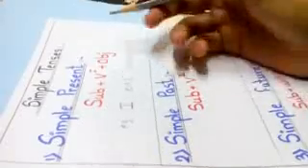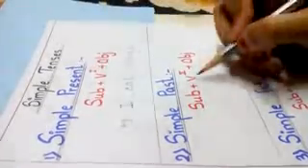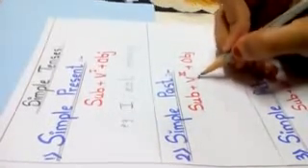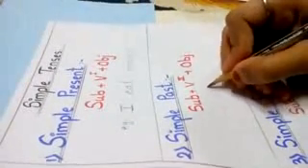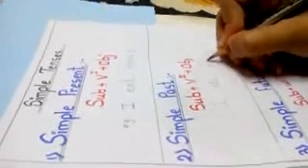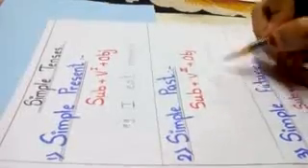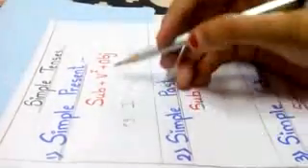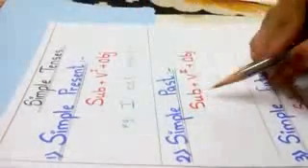What is the past form of take? Took. So the V2 is past form of verb. Here eat will become ate. Subject will remain same. Object will also remain same. So the past sentence is I ate mango. I eat mango in simple present. I ate mango in simple past.